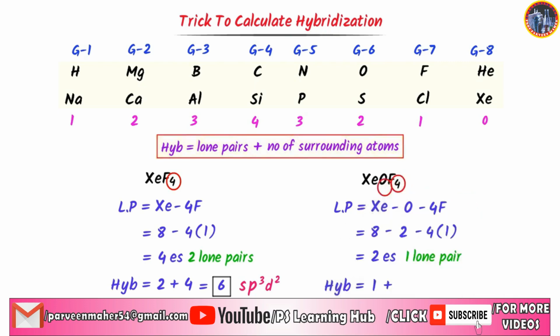I write 1 plus 5. I get 6 hybrid orbitals. This 6 means sp3d2. So the hybridization of xenon is sp3d2 and its geometry is tetrahedral. Therefore, using this trick, we can easily calculate the hybridization of central atom.